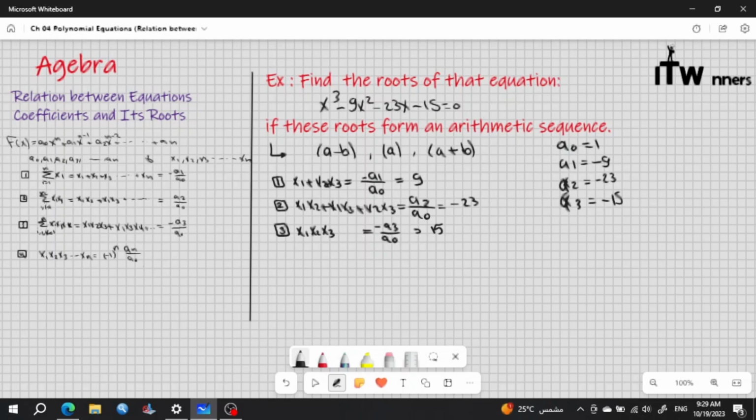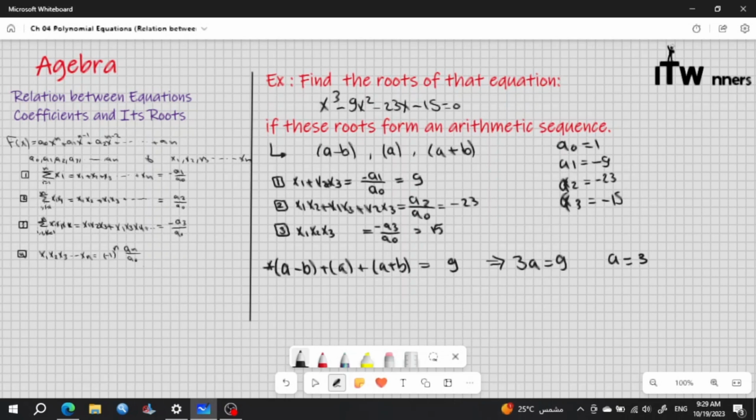The first one we have is a − b + a + a + b equal to 9. Then 3a equal to 9, so a equal to 3.